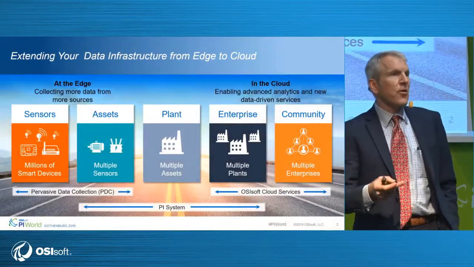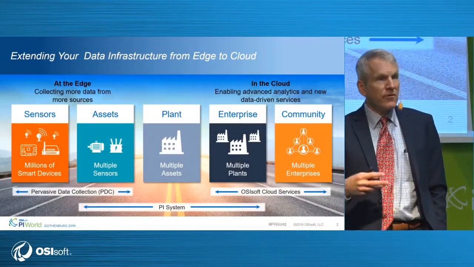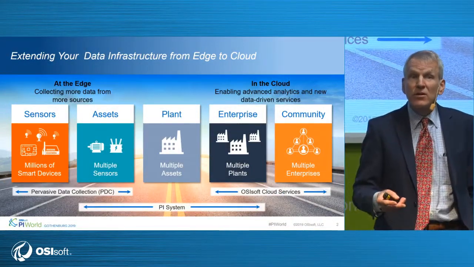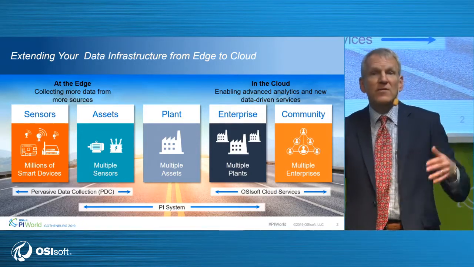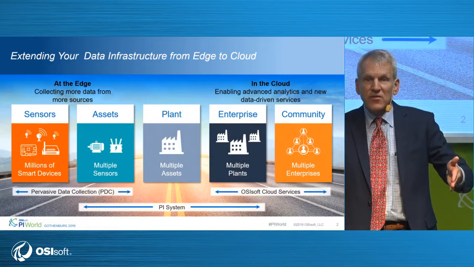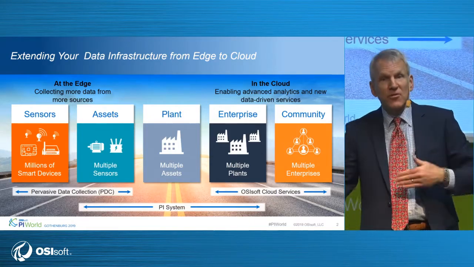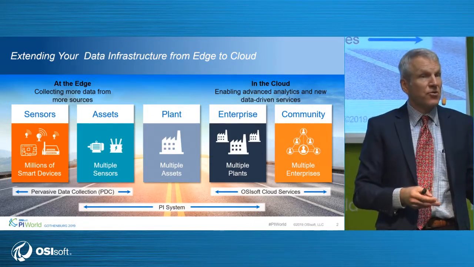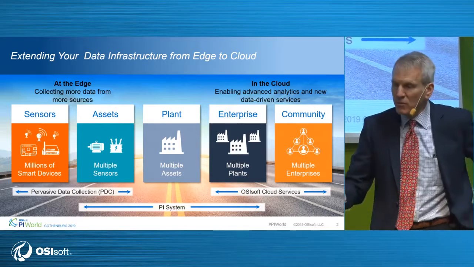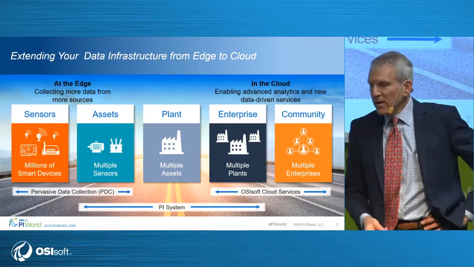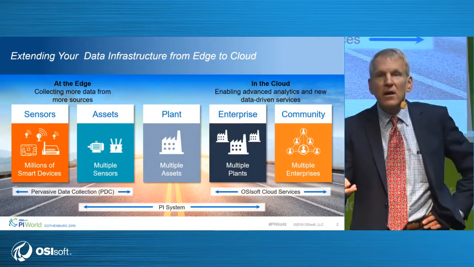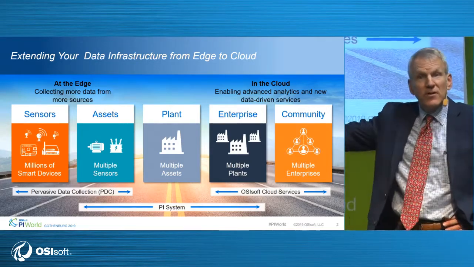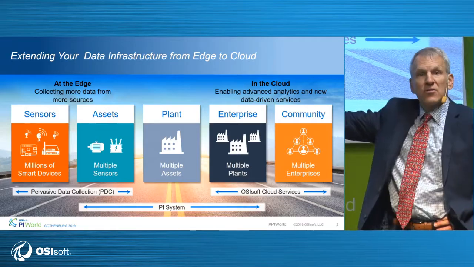This started as a representation of our development initiatives that we started a couple of years ago. It has morphed into explaining what we're doing at OSIsoft: PI System, edge, and cloud. So we talk about extending your data infrastructure from the edge to the cloud. Really today what we're talking about is what we're doing at the edge, but we're going to tell you a lot about products and technologies that we're building, and the data collection spans across all of these.